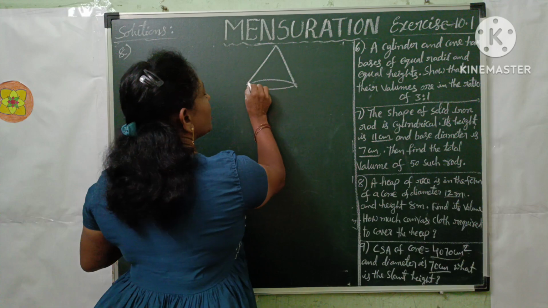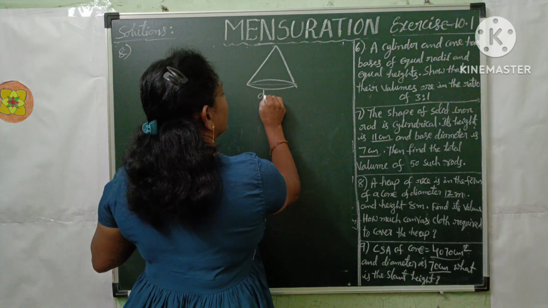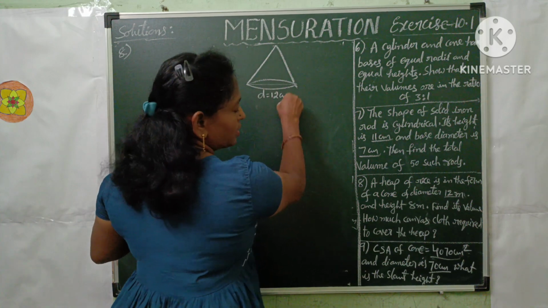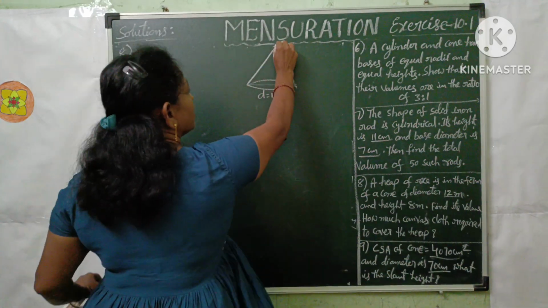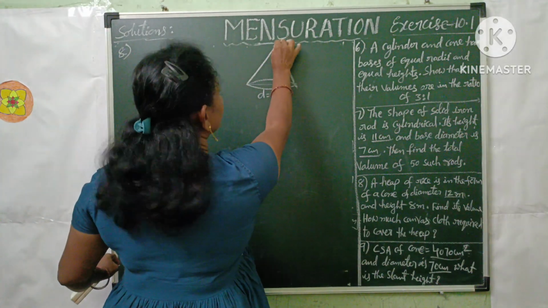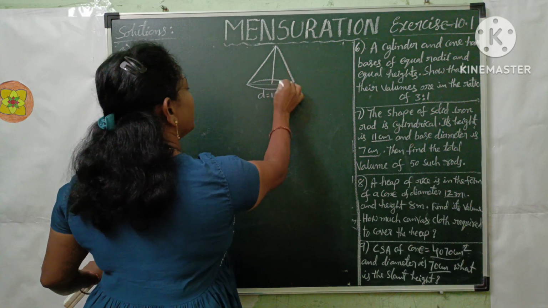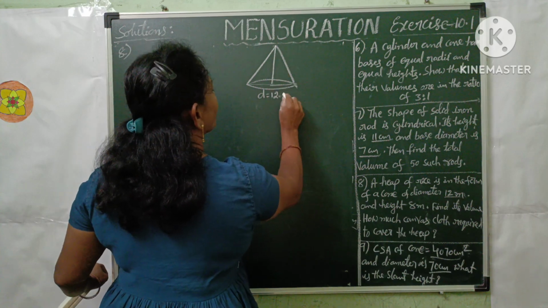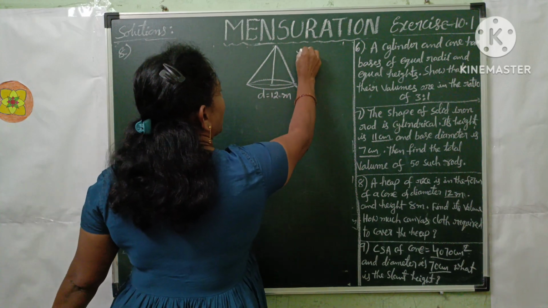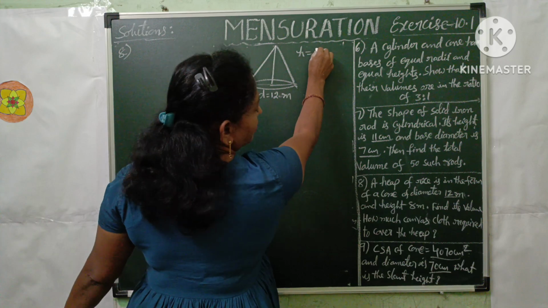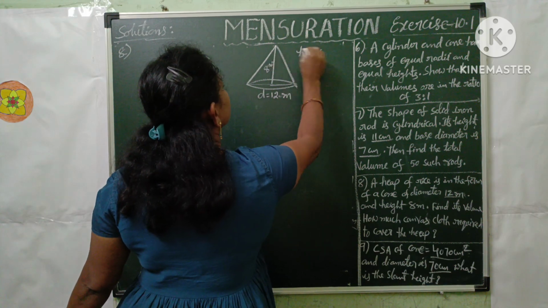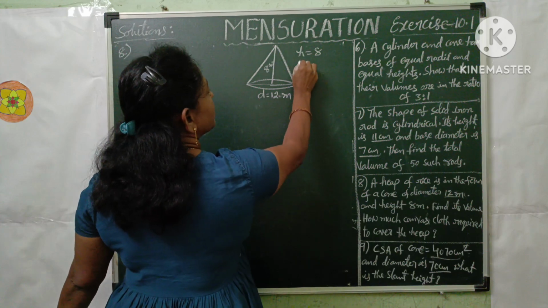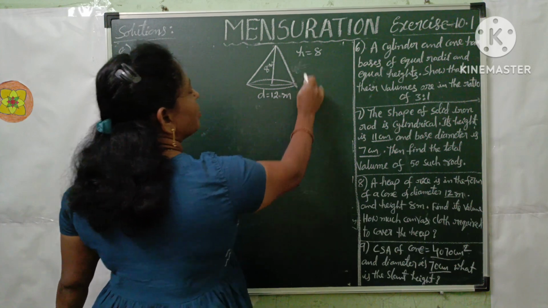Here this is the diameter, D equal to 12 meters, and height 8 meters. Meters, not centimeters. Here height of the cone is 8 meters.